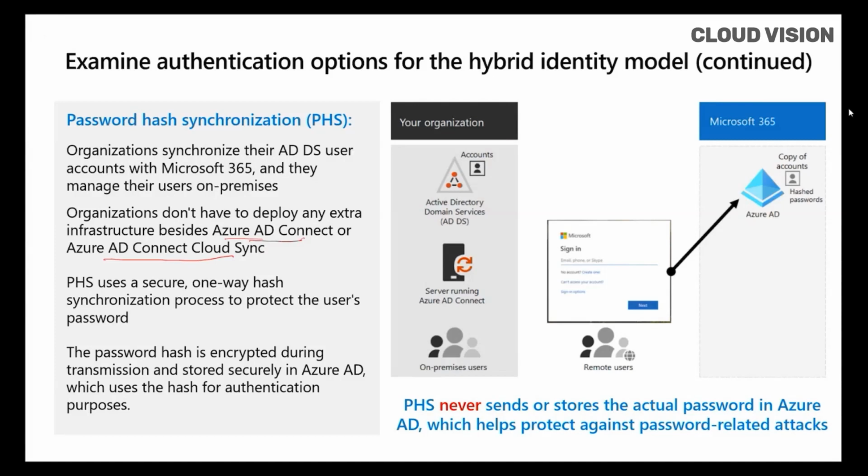Now PHS, or password hash synchronization, uses a secure one-way hash synchronization process to protect your user's password. And as I said, the password hash is encrypted during transmission and stored securely in Azure Active Directory. So your passwords are never stored in plain text. They're never synchronized in plain text. They're always converted into a hash value, and the hash value is then stored in the database of your Azure Active Directory.